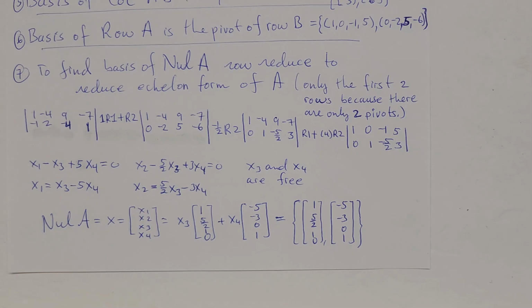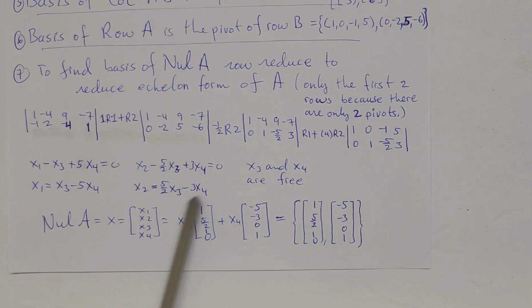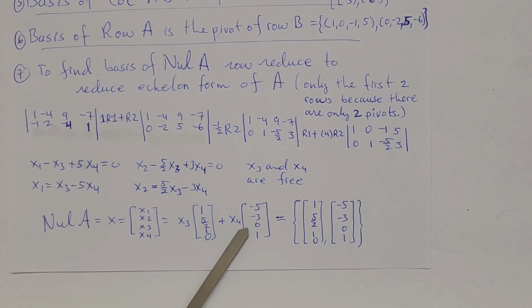Now separate them by the x's. If there is x1, go to x1. If there's x2, go to x2, and so on. What we have here is only x3 and x4. So we have x3 and x4.